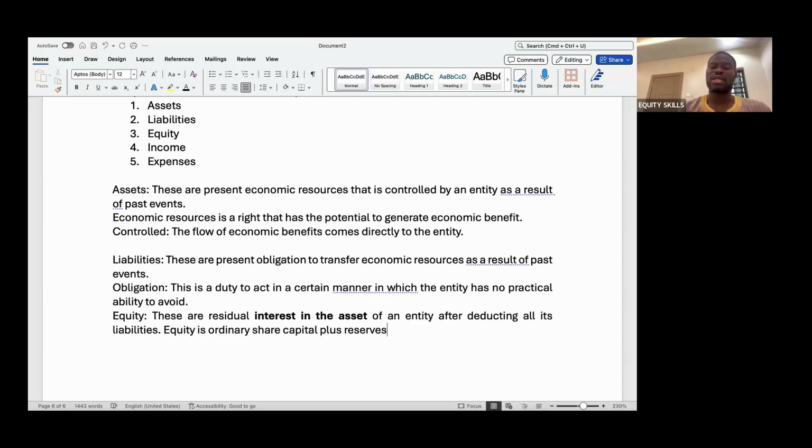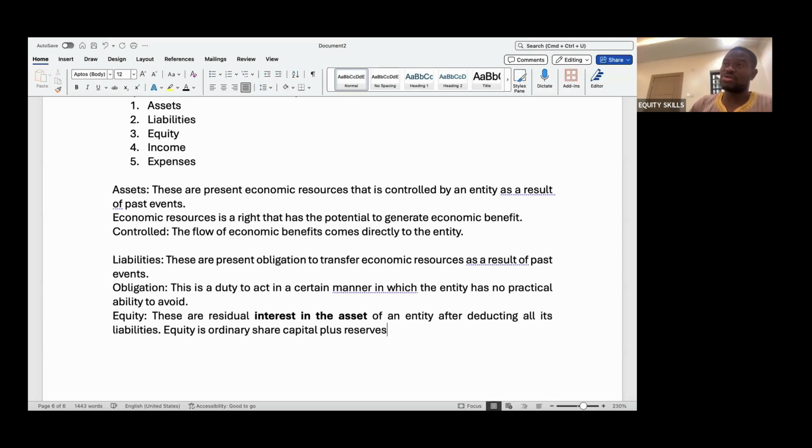That's equity. And this is not me talking in the strict sense that nothing else can come as equity. Of course, something else can come in as much as that item is residual. That item is what is remaining, then it is equity. If you have a liability, though we don't expect a liability to be residual, but if somebody gave you money and the person is so patient and tells you that you don't have to prioritize my repayment, after you have sorted everybody, come and pay me, that becomes equity.